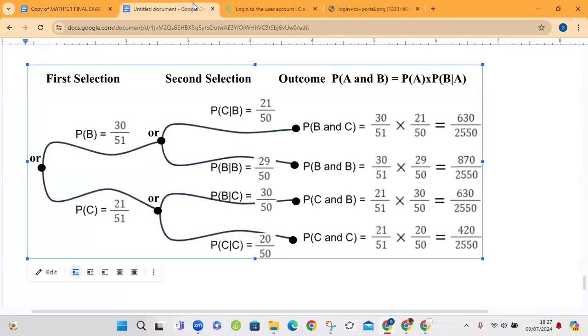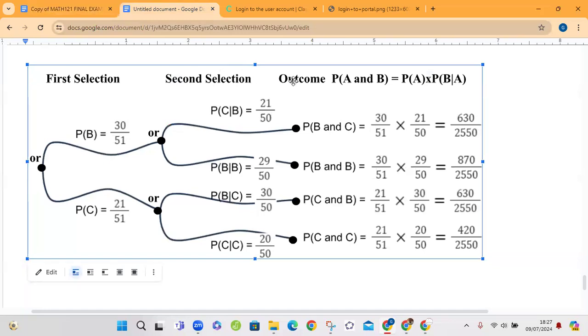So here's the probability tree diagram, which is labeled already, and it is completed. So let us break it down. Let us analyze it. As you can see, the first section is for the first selection, and the second section is the second selection.